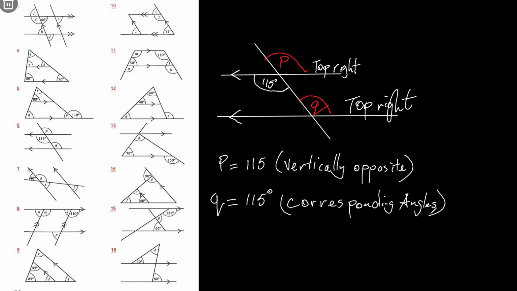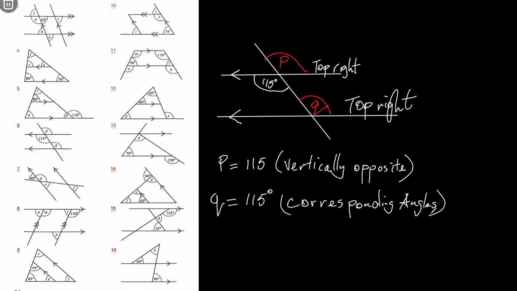So number 6 was pretty easy. Everybody, let me see what you all had for that one. Malachi, you had corresponding angle for P. Why?